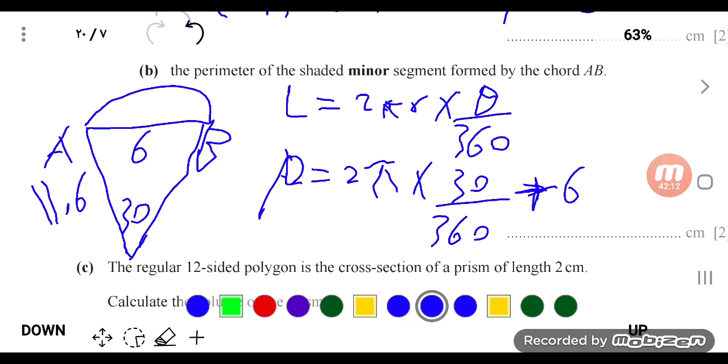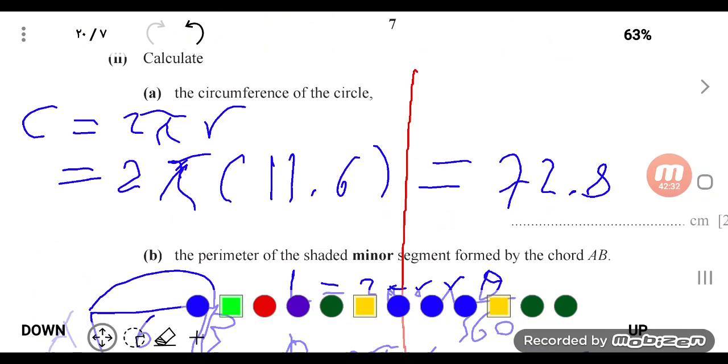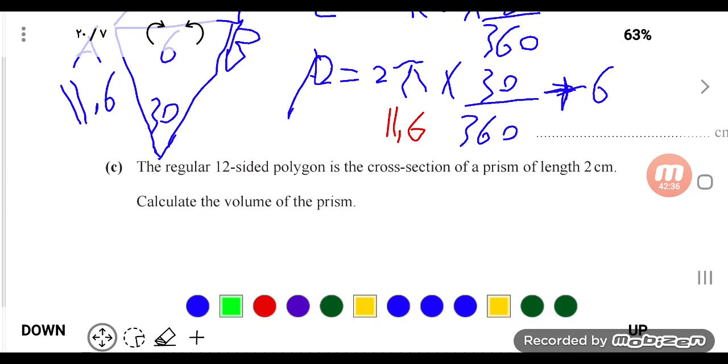And the answer will be 2 pi r. Here we have to write r. We forgot to write r. R is here 11.6. So now you get the answer on the calculator.